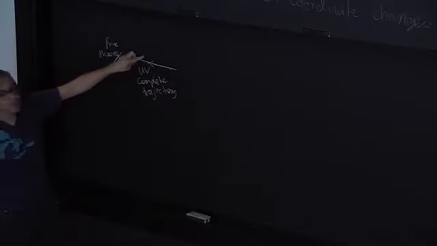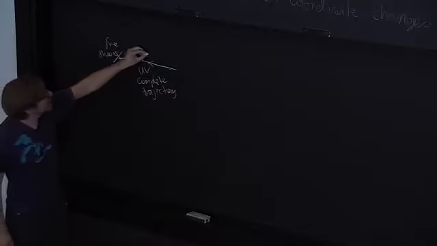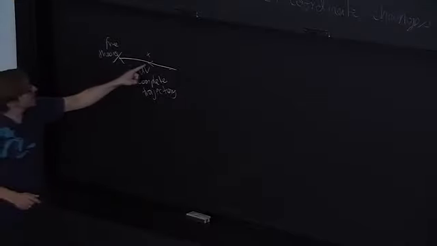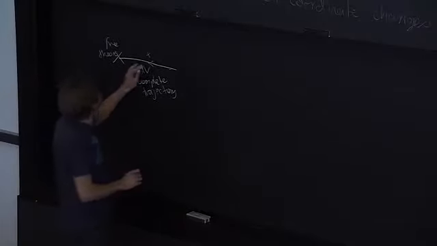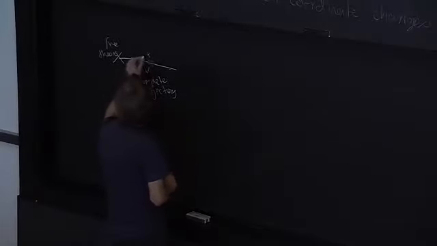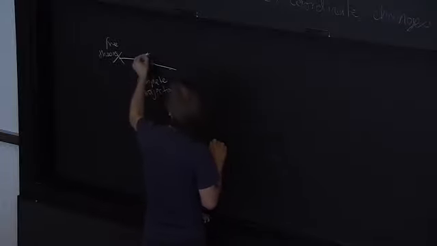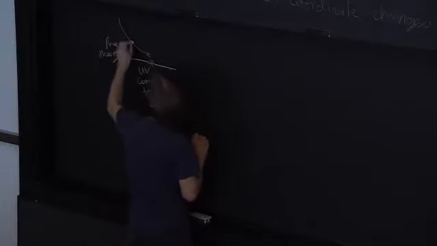Now, suppose I decide to move a little bit off that UV complete trajectory, and then I want to imagine what happens at microscopic scales. Well, if I move a little bit off, I'll get a trajectory which goes to infinity that way.